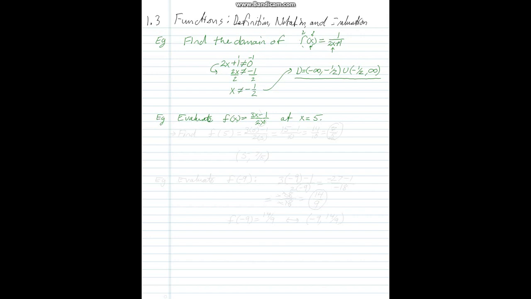In other words, what we are trying to find is f of 5. That entails replacing every x in the definition of the function with a 5. So 3 times 5 minus 1 over 2 times 5.